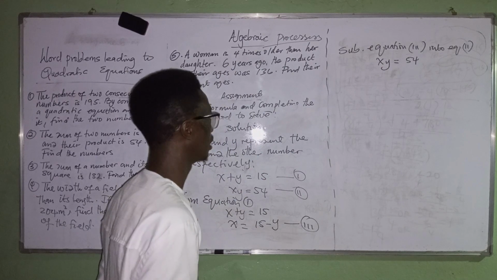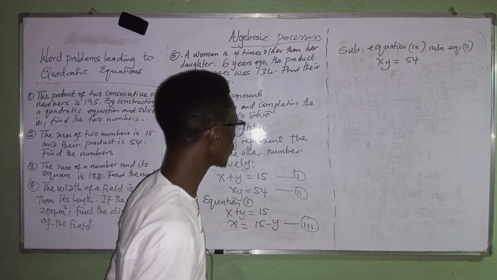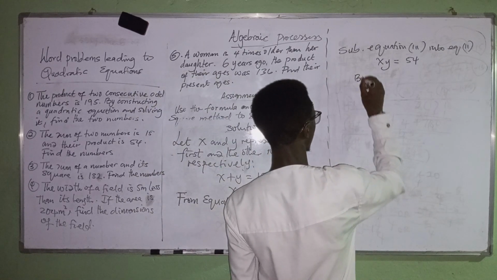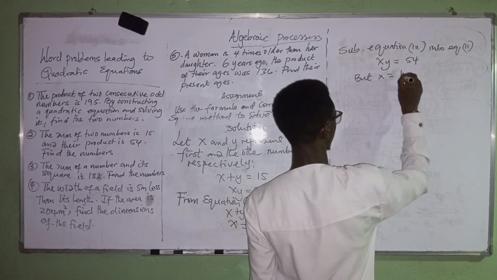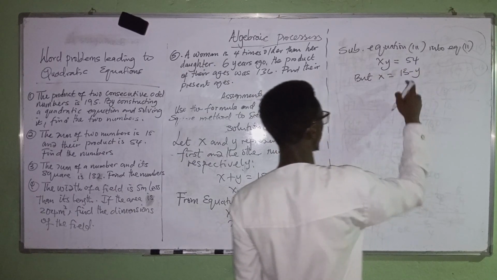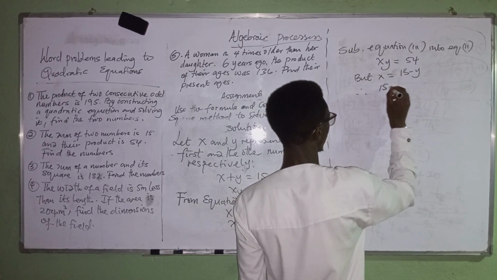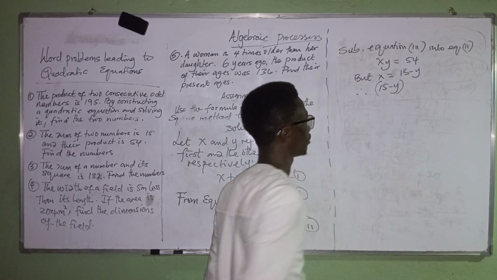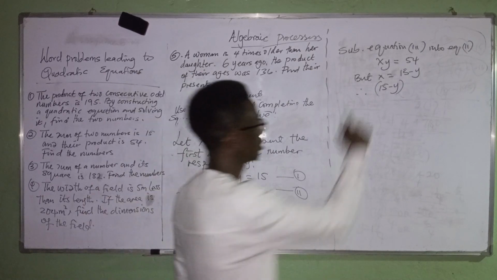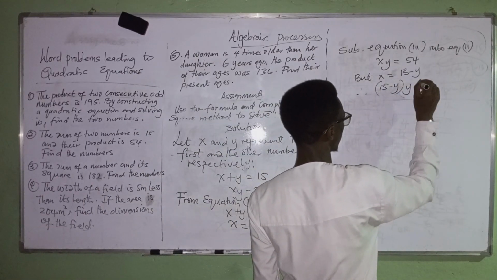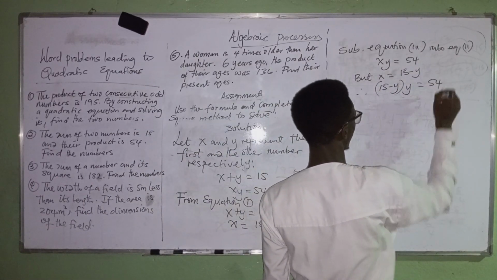Okay? Now, but x is what? 15 minus y. So if you substitute that, instead of x now, you have 15 minus y, in brackets, times the y, here, equals to 54.